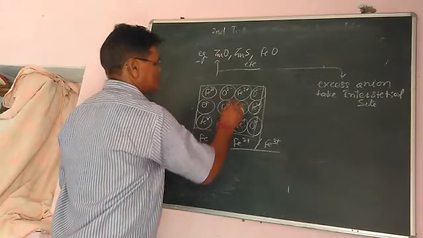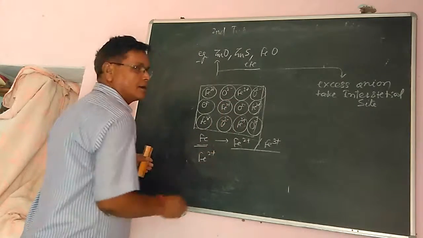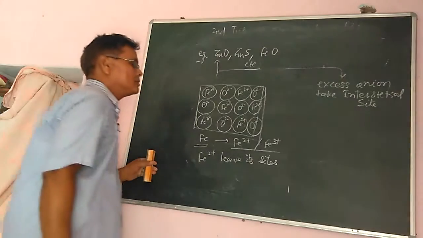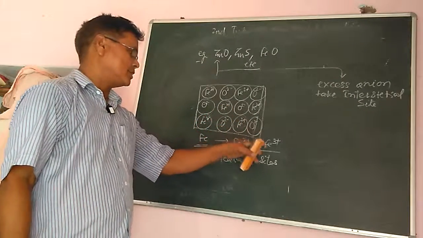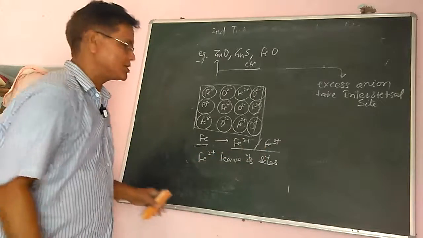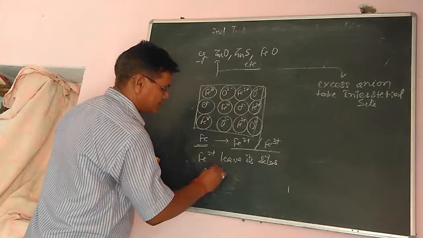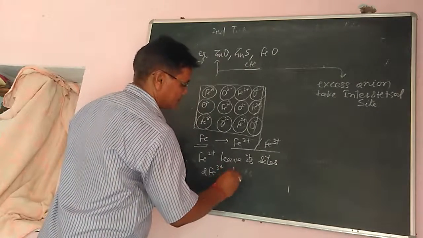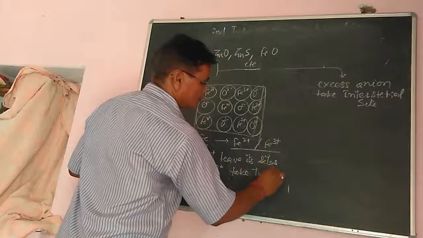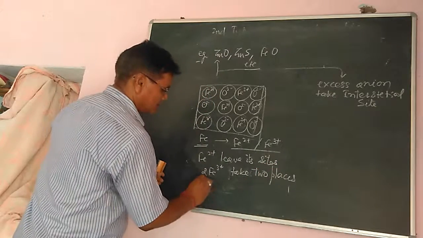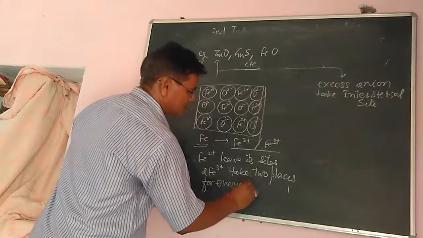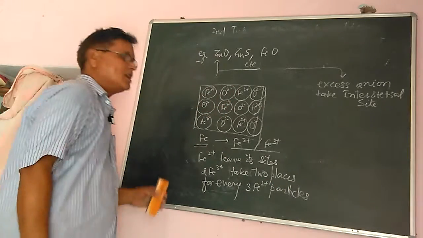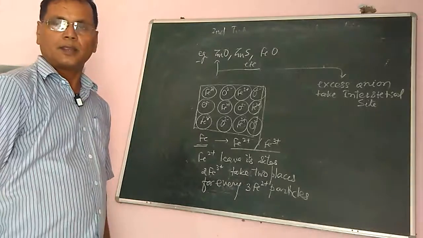In this case, Fe2+ leaves its sites, and two Fe3+ take places for every 3 Fe2+ particles, and one place remains vacant. So it is also a vacancy defect.